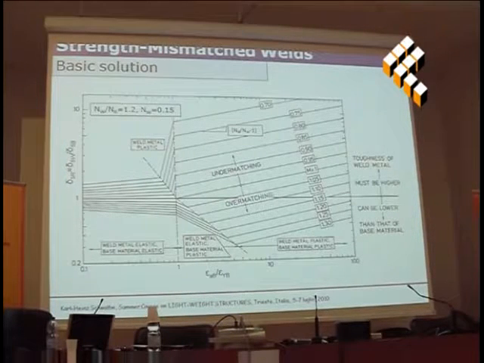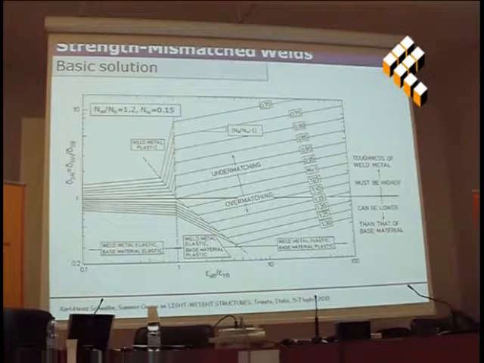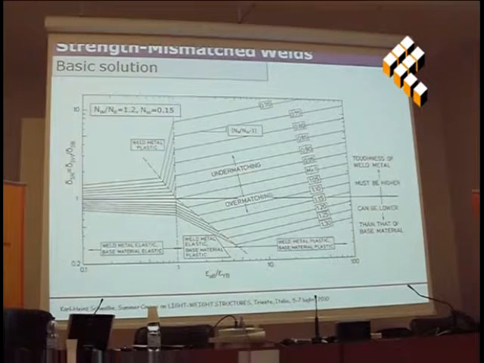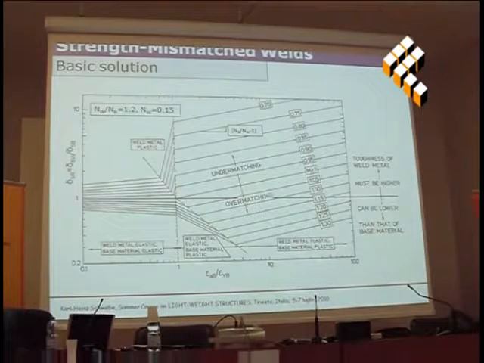Now everything else can be plotted here, and this ratio means that the curves always go upwards, have a positive slope due to the hardening effect. And let's take 30% undermatch, which is little.